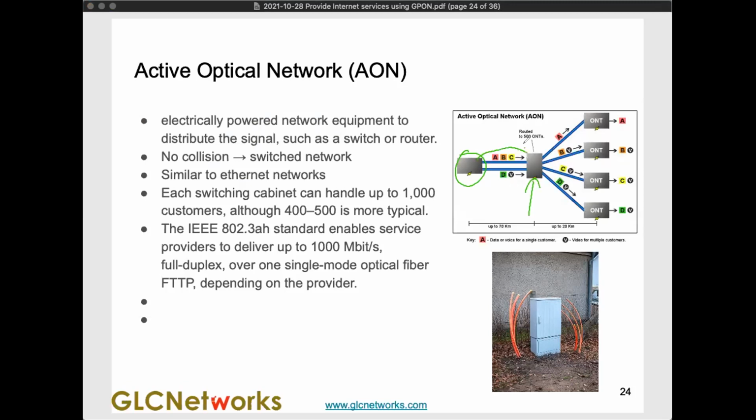From here to here it is packets, so it's layer 3. Because we have a router here, and the router needs its own power, that's why it's called AON, active optical network.